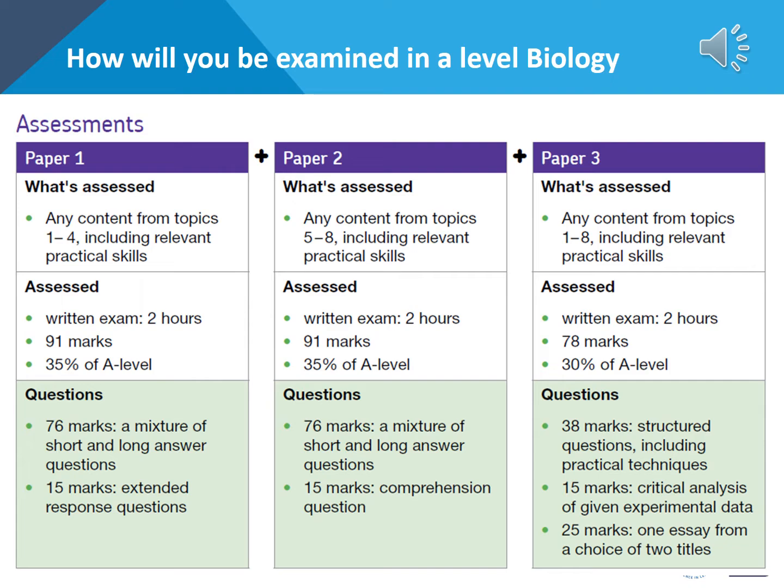Paper 1 will test your knowledge of year 12 material. Paper 2 tests your knowledge of year 13 material. And paper 3 is what you might describe as a synoptic paper. That is the last paper you'll sit, and that could test knowledge from either year 12 or year 13. And the idea is to see that you've understood topics and how they all link together.